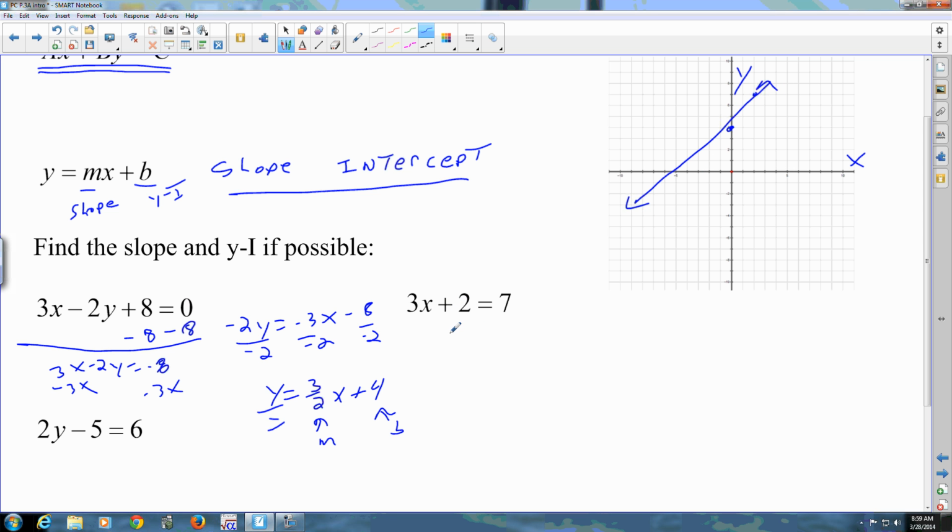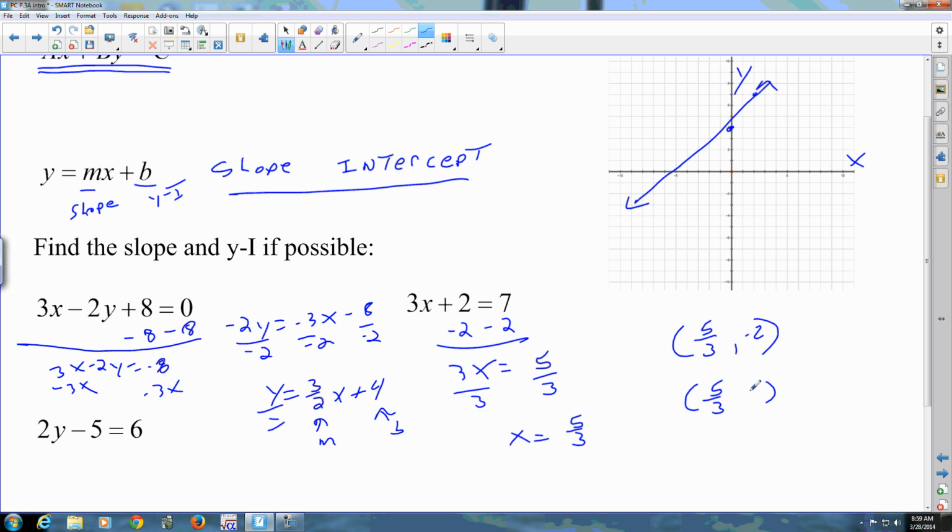This one only has an x. So x has got to be 5/3. So whatever coordinates you choose, x has got to be 5/3. Negative 2, I don't know, 7. So go to 5/3, so that's 1 2/3.